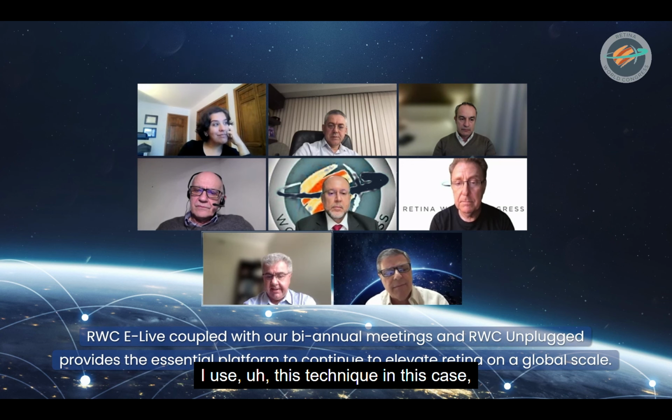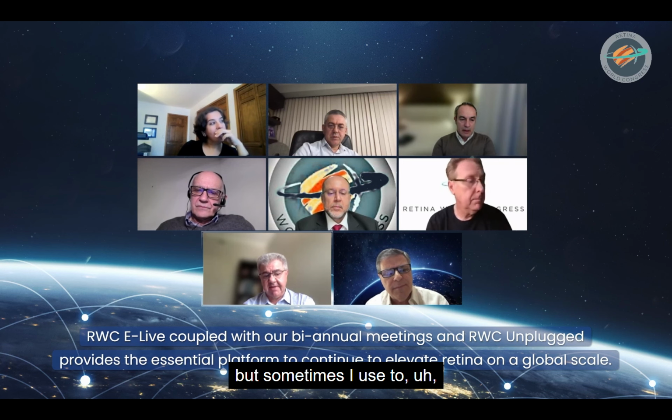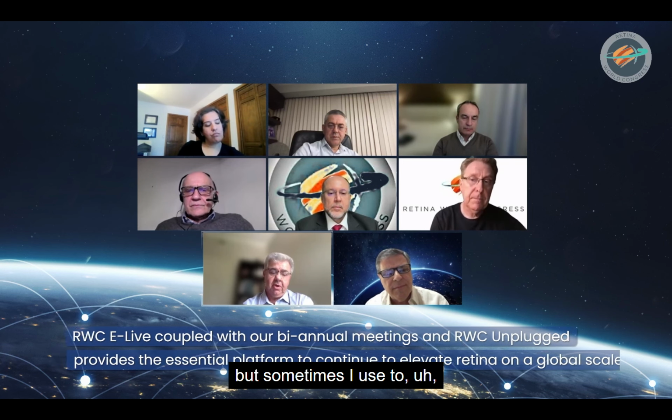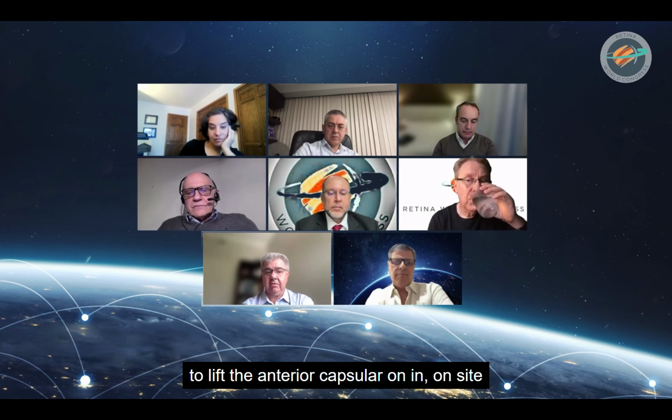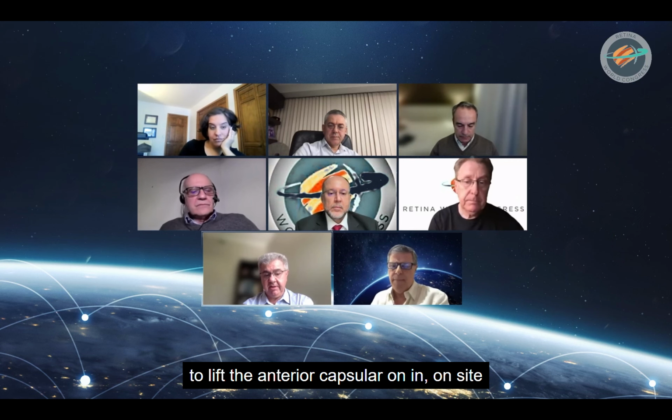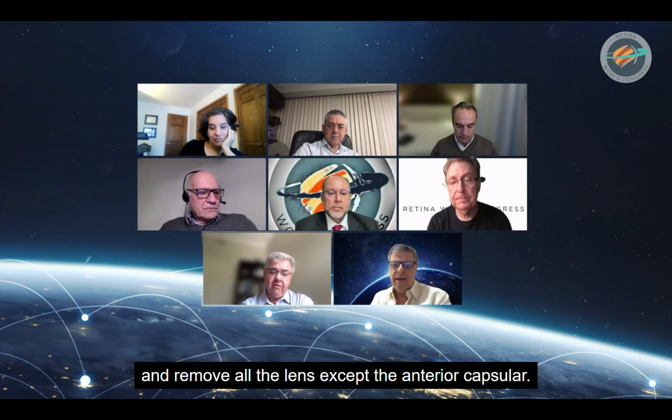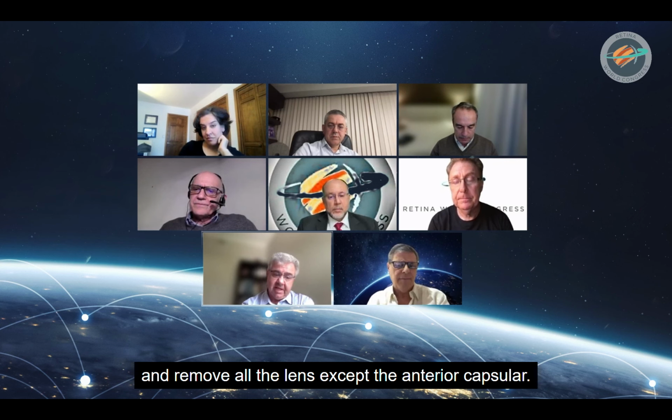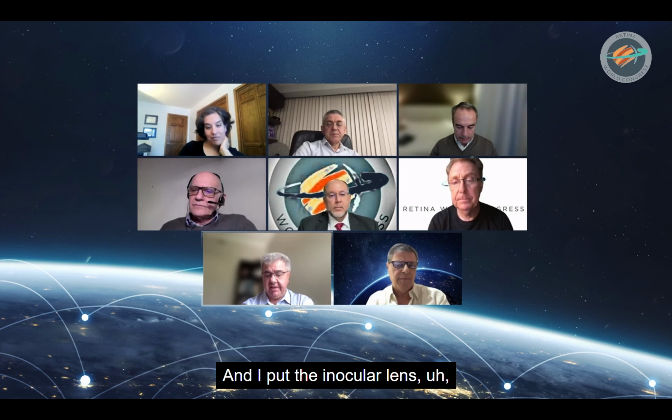I used this technique in this case, but sometimes I leave the anterior capsule in place and remove all the lens except the anterior capsule, and I put the intraocular lens over the anterior capsule.